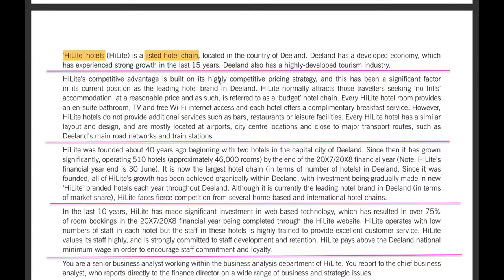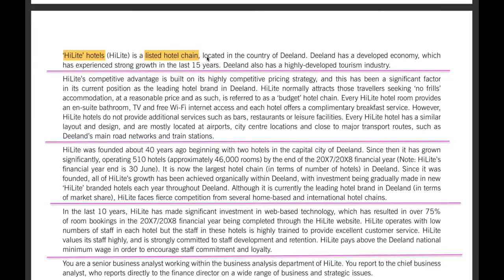When you look at that term, you should know that it is talking about the ownership. When it is a listed company, automatically you know that there are shareholders, a board of directors, a CEO, a CFO, a structured kind of governance in this kind of organization. Where is it located?